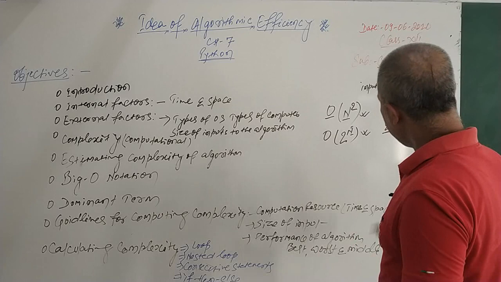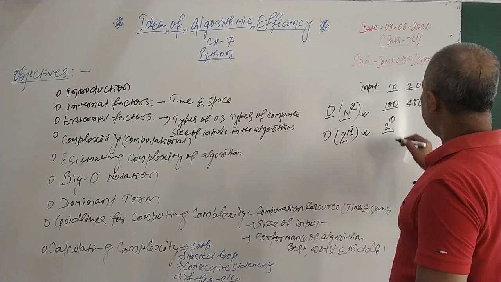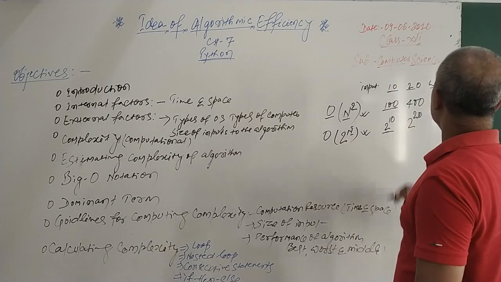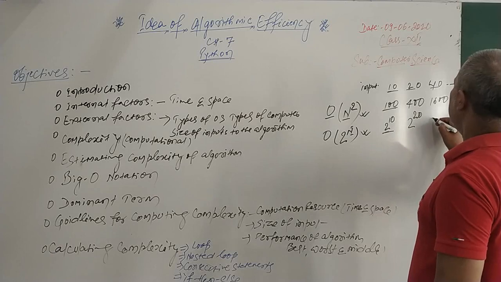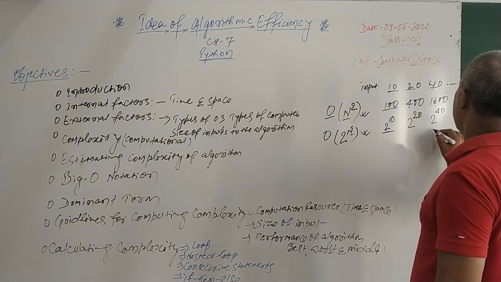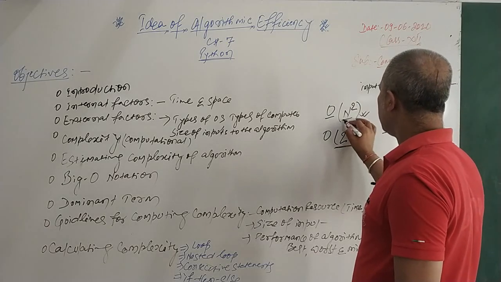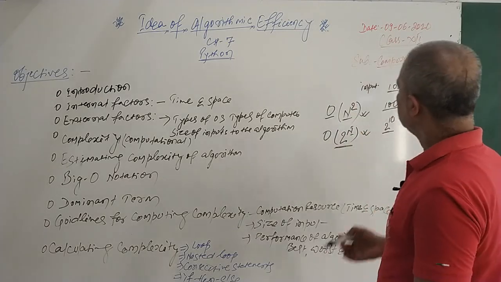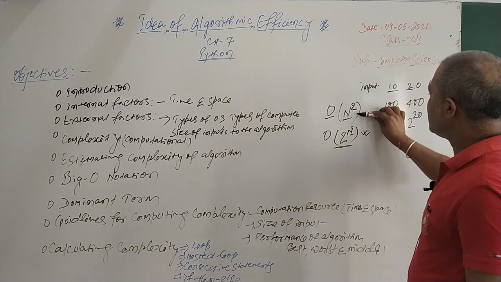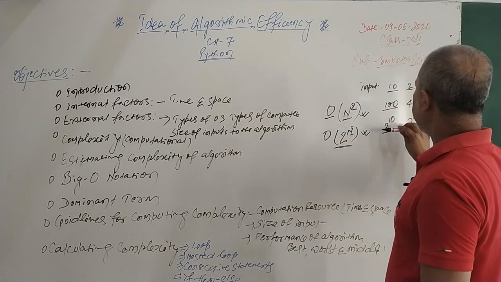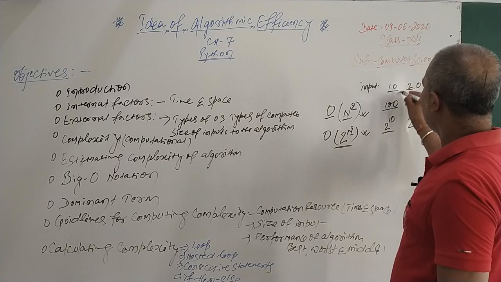As you can understand, n is 10 here. Again, for 20 it's 400, and here it is 2 to the power 20, and for 40 it is 1600, and here it will be 2 to the power 40. As you can understand, this is considered more complex than n square. So an algorithm with big O notation n square is considered more efficient than 2 to the power n, because 2 to the power n will take much more time to execute a particular set of input.